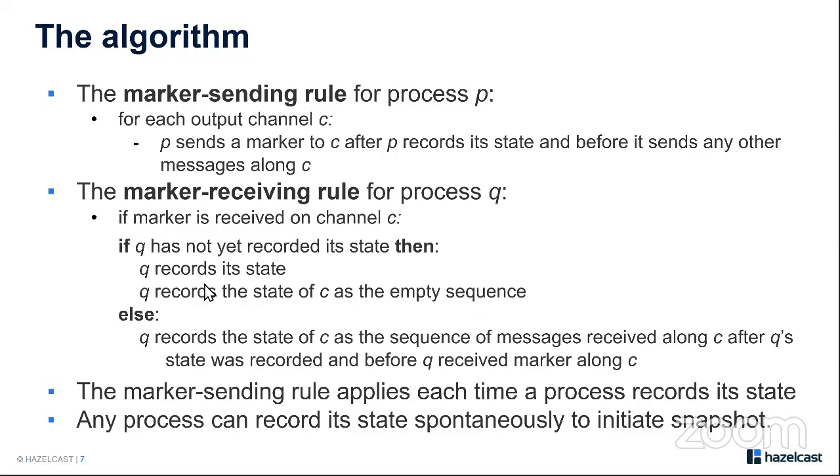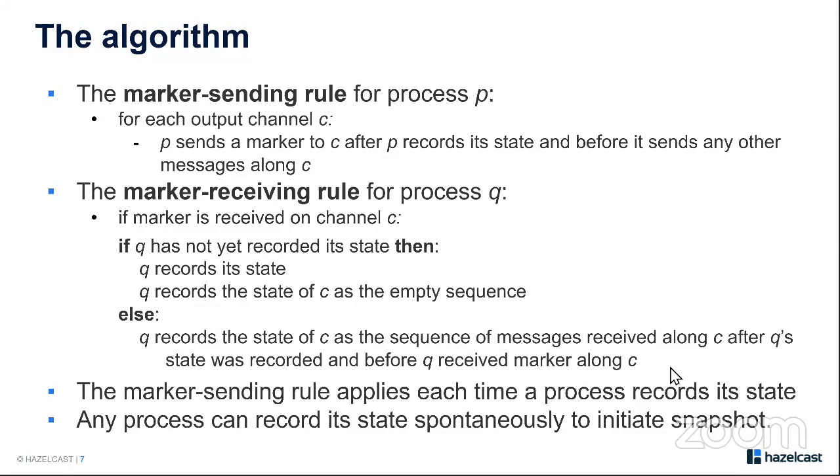But when we receive the marker, we record the state of the channel from which we received the marker as an empty sequence. In the other case, when the process already has recorded its state, it records the state of channel C as the sequence of messages received along C after process Q's state was recorded and before Q received the marker along channel C.